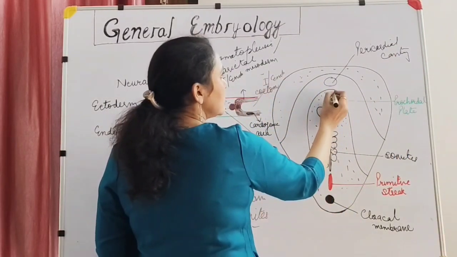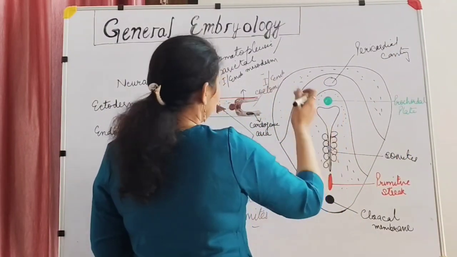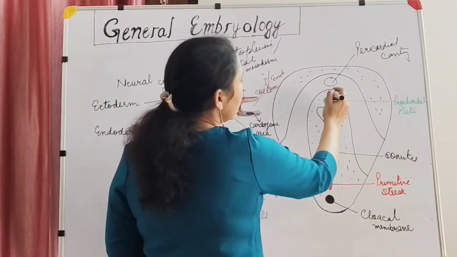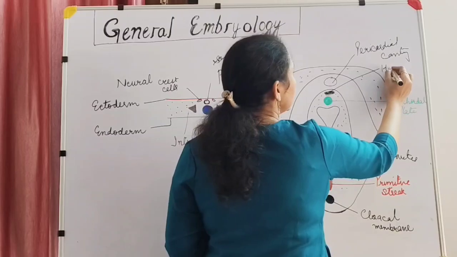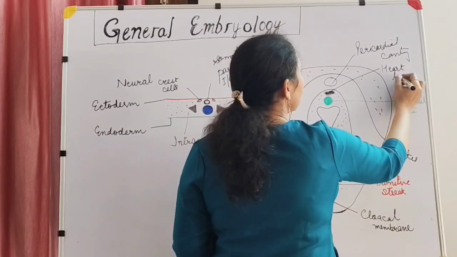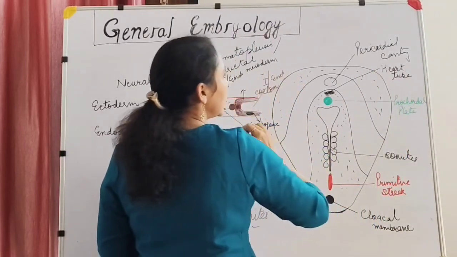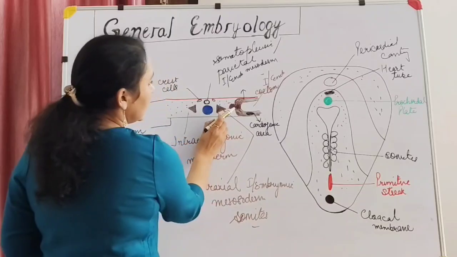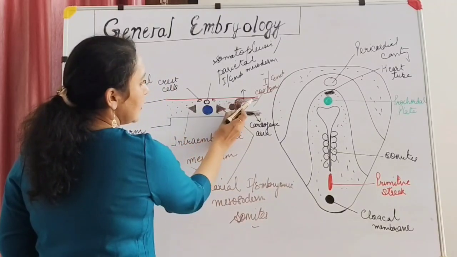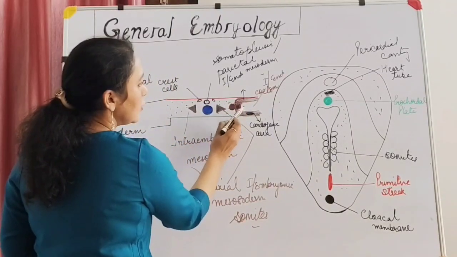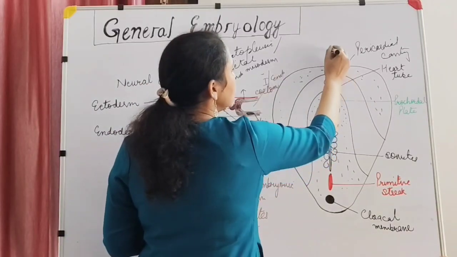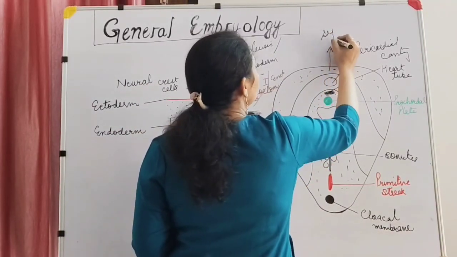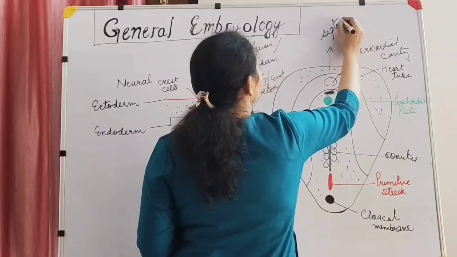In the splanchnopleuric layer of mesoderm, there will be the formation of the heart tube. So we have a heart tube forming here, the splanchnopleuric mesoderm, also known as the cardiogenic area. And in this area, where the coelom did not extend and both the mesoderms are in contact, in this embryonic disc, it will be this area. So this forms the septum transversum.